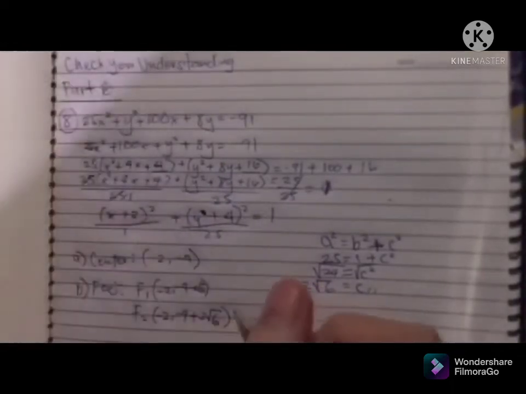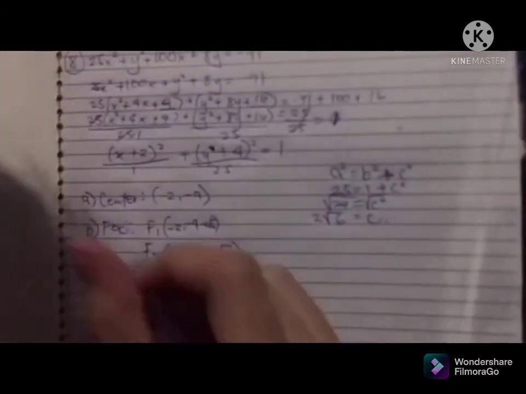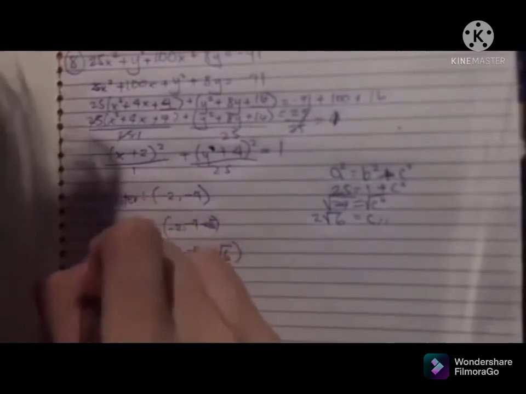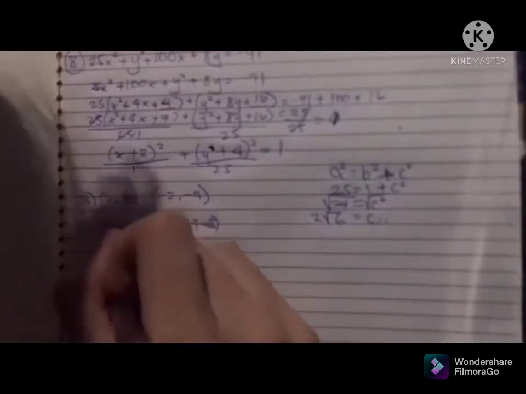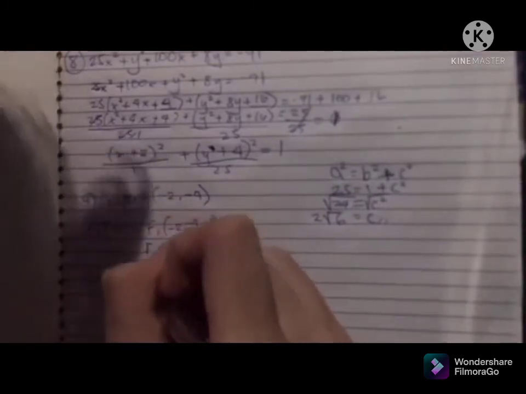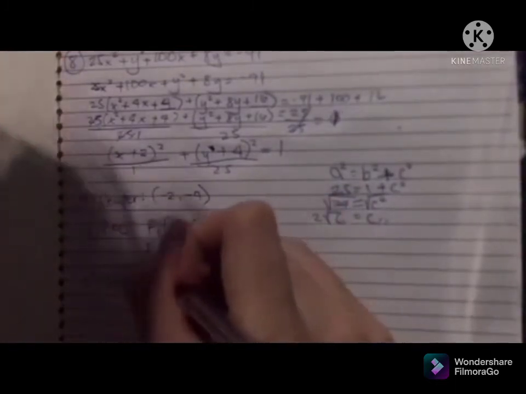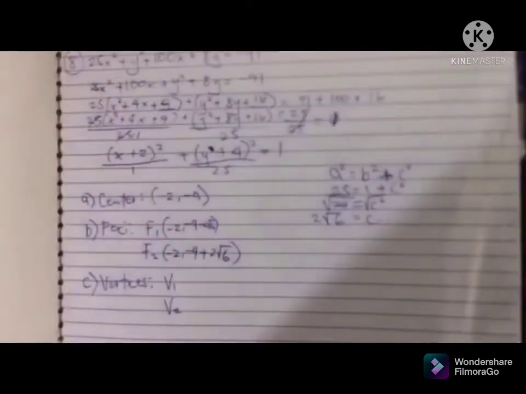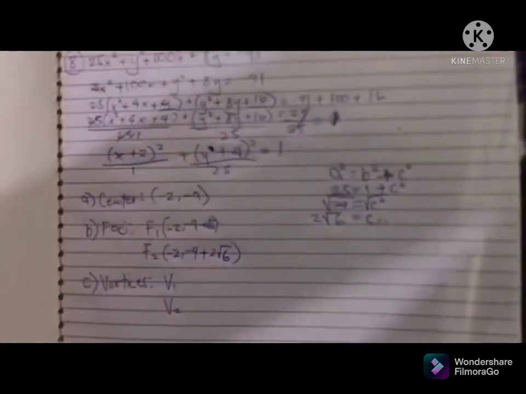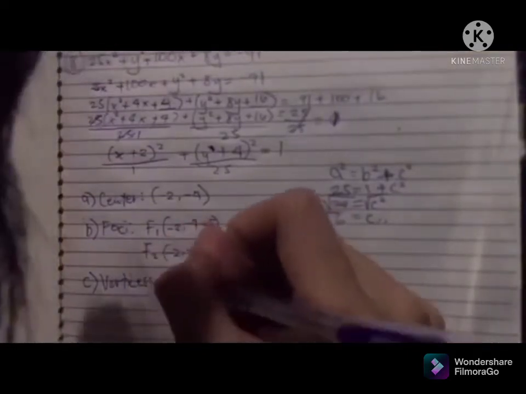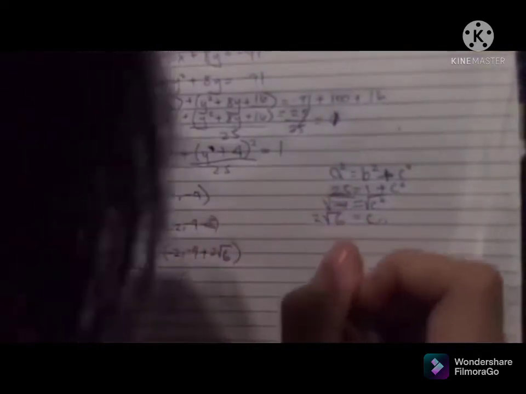Now for the vertices, V sub 1 and V sub 2, and for the value we have to combine the a in the y-intercept, which is, a is square root of 25.